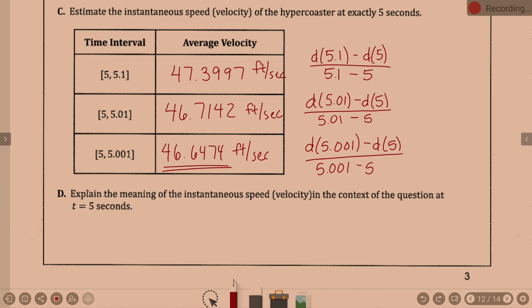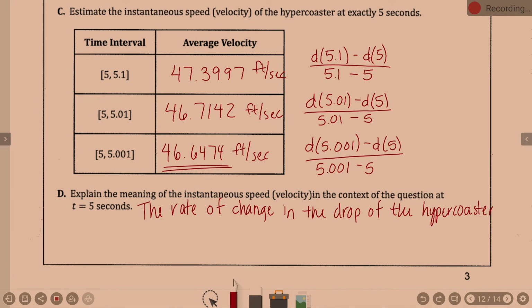So what I have written here: the rate of change in the drop of the hypercoaster at 5 seconds is about, and I say about because this isn't precise, 46.647 feet per second.